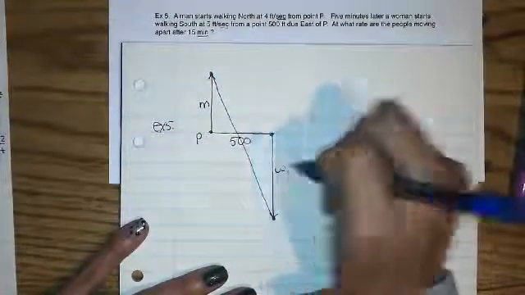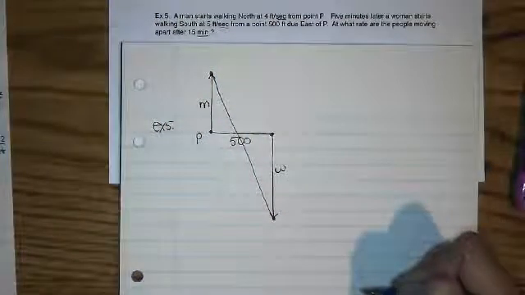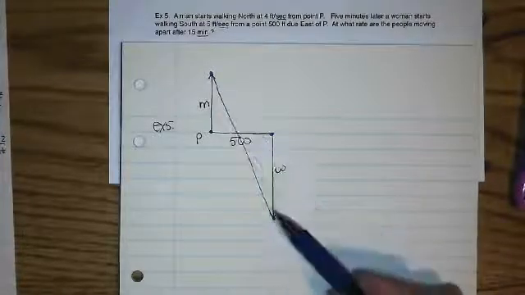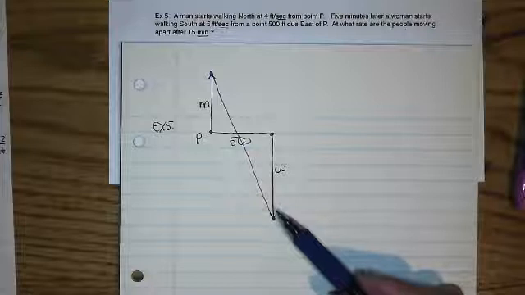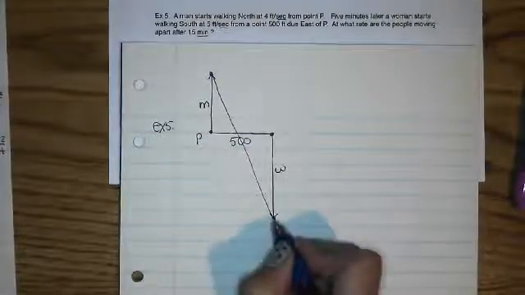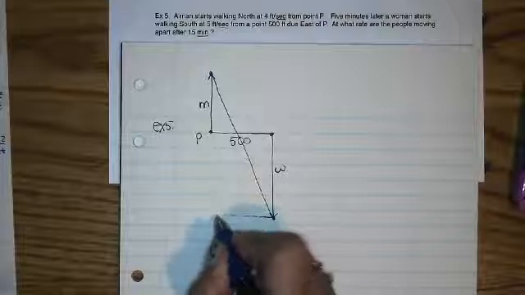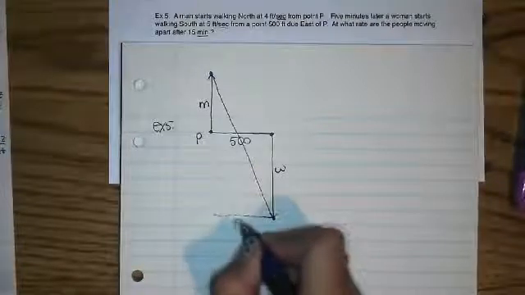All right, so let's see. We've got the man that's walking north. I'll use little m for man. I've got the woman walking south. I'll use a w for her distance. And then I need an equation that relates the man to the woman and this pink line.